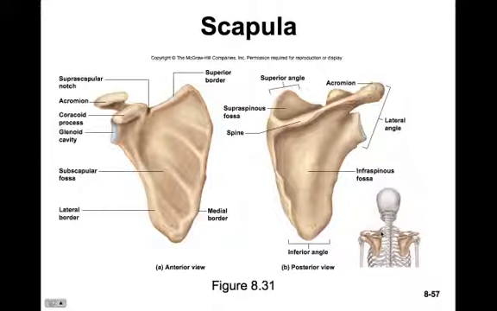The 3 angles are the inferior angle that you see right here at the bottom of the shoulder blade, the superior angle that we see right here on the medial corner of the triangle, and the lateral angle we see here where the upper arm articulates with the shoulder blade.